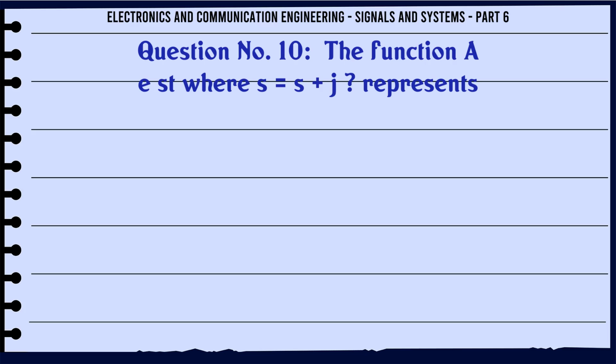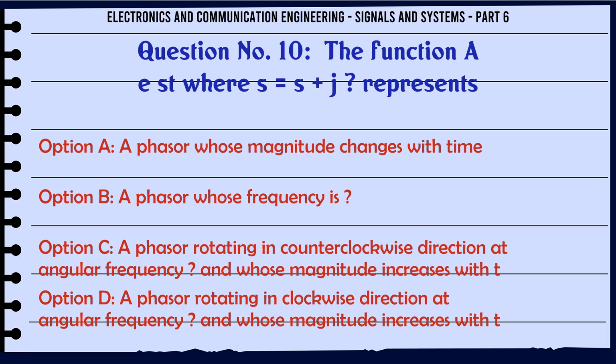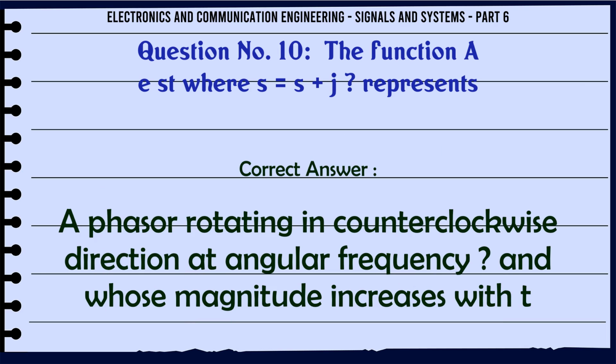The function e^(st) represents: A. a phasor whose magnitude changes with time, B. a phasor whose frequency is constant, C. a phasor rotating in counterclockwise direction at angular frequency ω and whose magnitude increases with t, D. a phasor rotating in clockwise direction at angular frequency ω and whose magnitude increases with t. The correct answer is a phasor rotating in counterclockwise direction at angular frequency ω and whose magnitude increases with t.